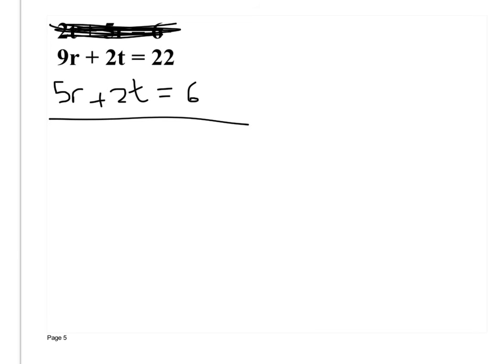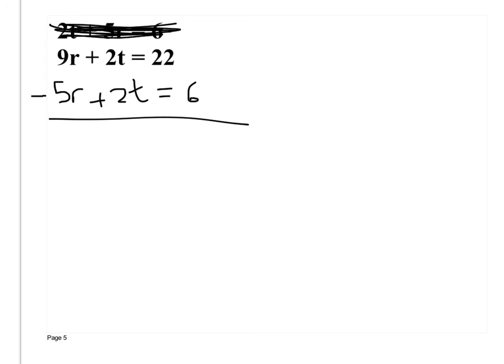So I have 5r plus 2t equals 6. Now if I added these like we've done through every problem, would I eliminate a variable? No, because 9 plus 5 is 14 and 2 plus 2 is 4. So instead we subtract.